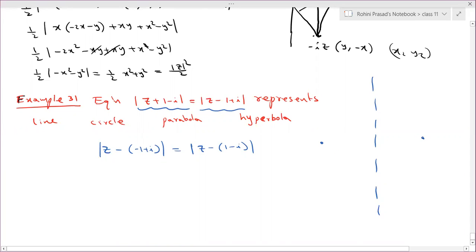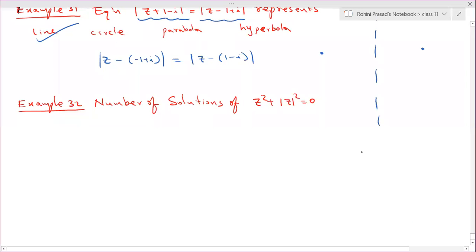So z lies on a line. If you substitute z equal to x plus iy and simplify, you get a line equation. But when you know that it is going to be a line, and the line equation is not asked, just whether it is a line, circle, parabola, or hyperbola, you can directly pick that that's the line.